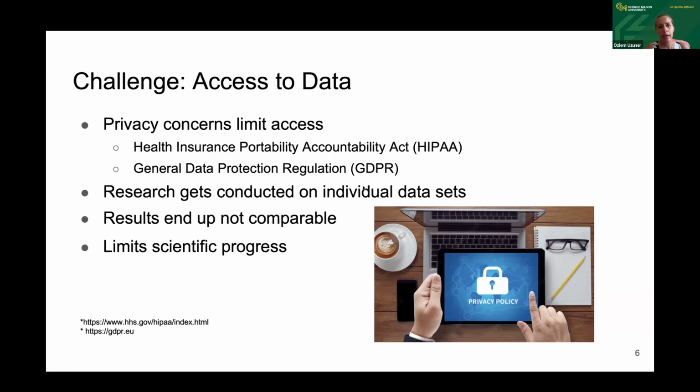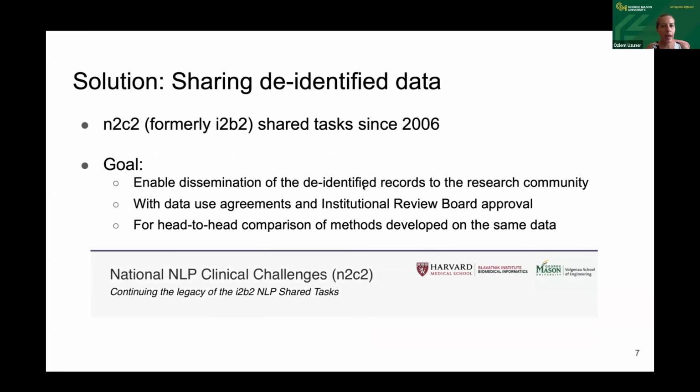To help address this gap, since 2006, with some visionary colleagues from Partners Healthcare and Harvard Medical School, we were able to convince the IRBs, starting with Partners Healthcare at the time, to allow us to de-identify records and then share them with the research community.